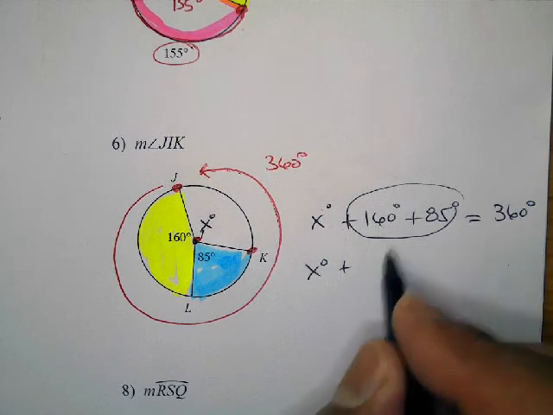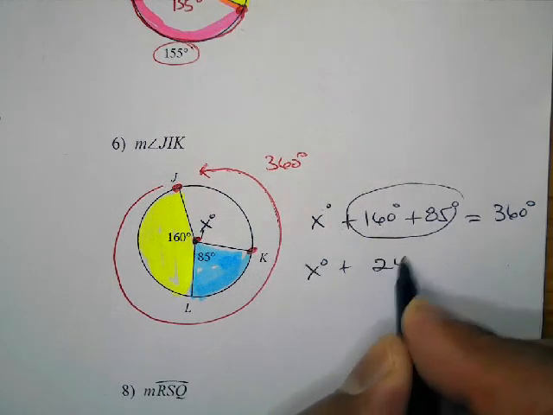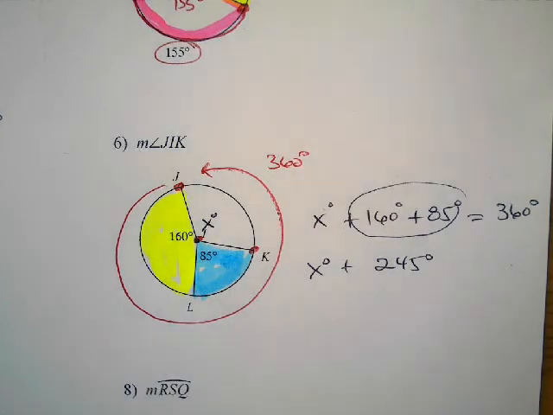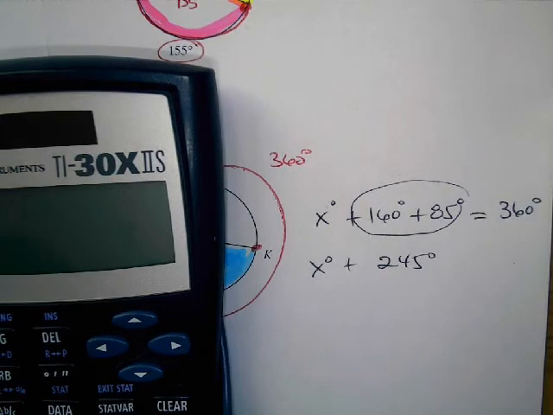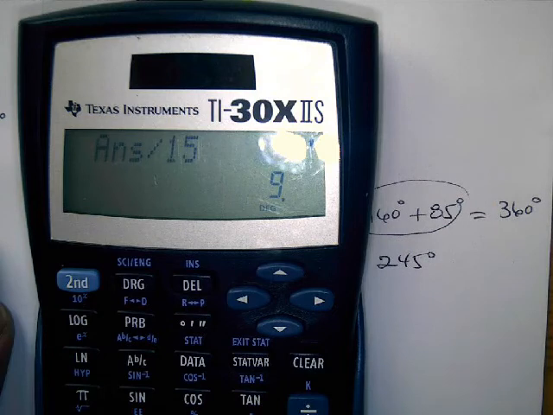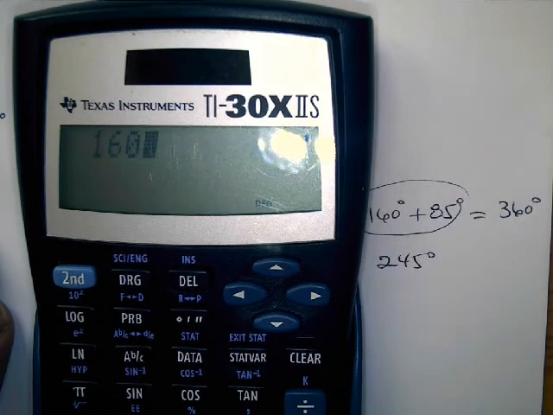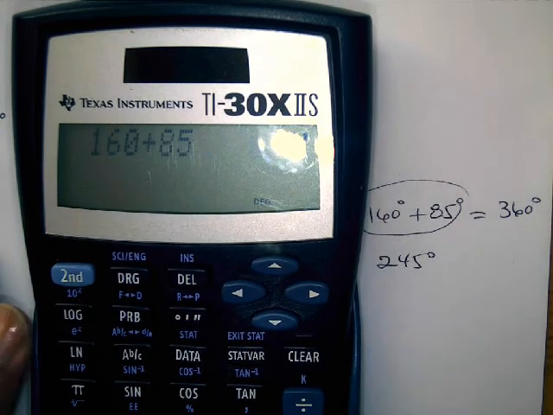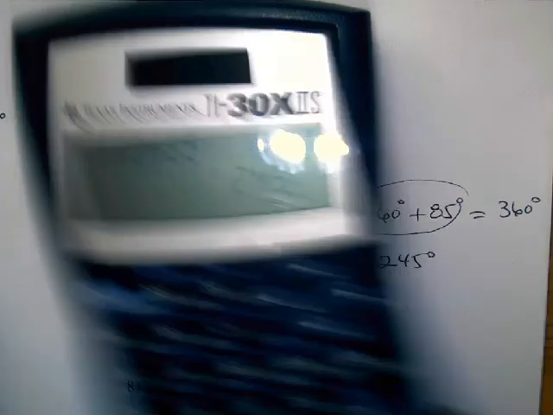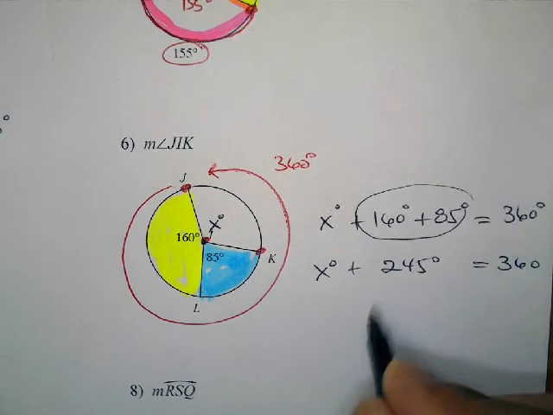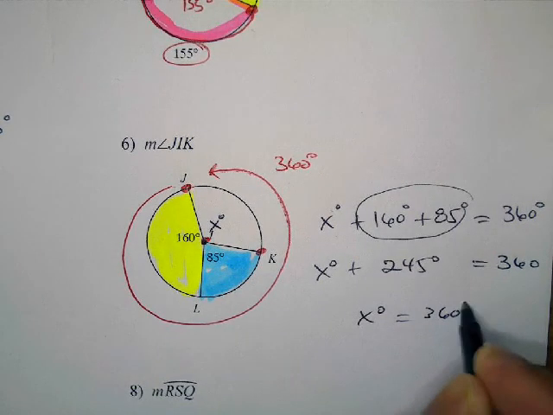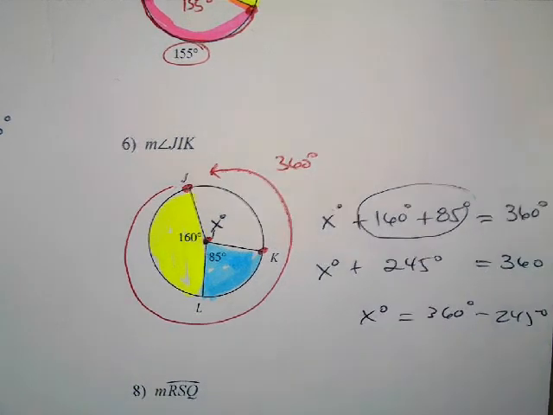So that's going to be x plus, what's that? 160 plus 85 is 245. Let me check that with my handy dandy calculator. What was it? 160 plus 85 is 245, equals 360.